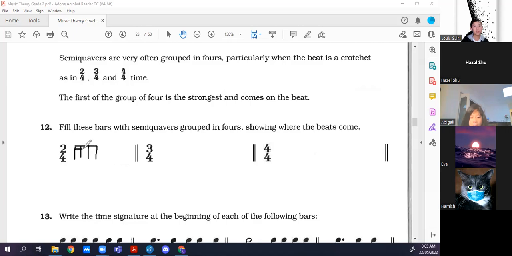Remember, you have to put 2 beams. Up to around grade 3 or grade 4, the semiquaver would be the shortest note that you'll use in regular music theory. So that's how a semiquaver grouped in 4 would look.